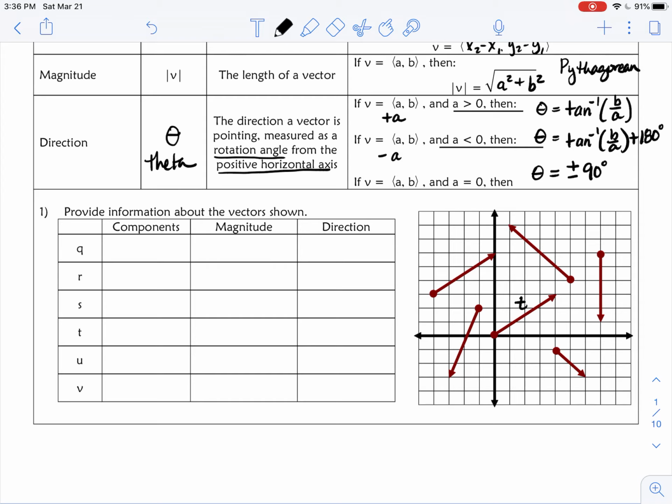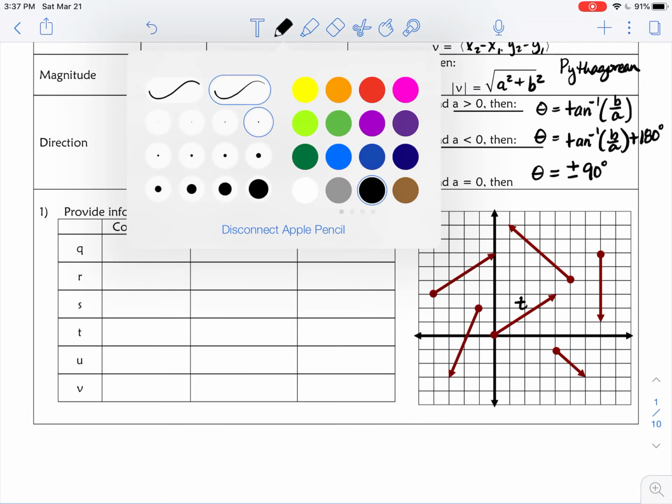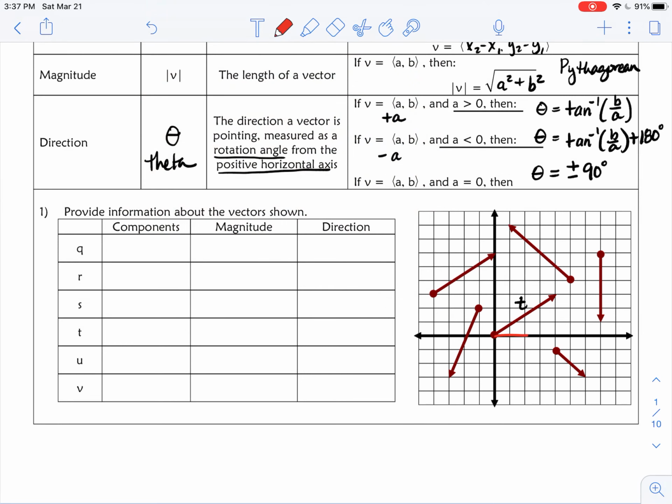If we're working with vector T, the horizontal component will start from the tail and run along the x-axis 4 units. Let me draw that. Those 4 units. And then it's going to be running vertically to the tip 3 units. So I can write my components for vector T as (4, 3).